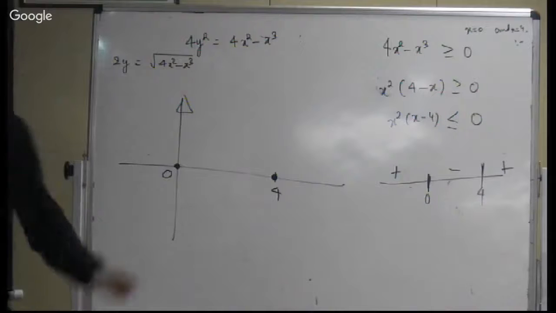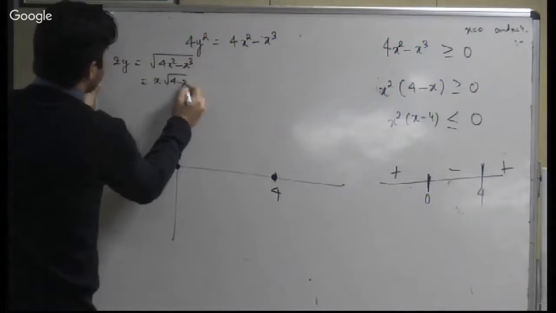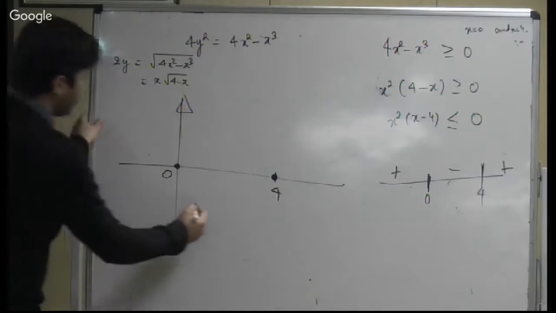right? I can find the x into under root 4 minus x, right? Now I have to find the dy by dx part. That will give me the critical point. So I'm just going to find dy by dx.